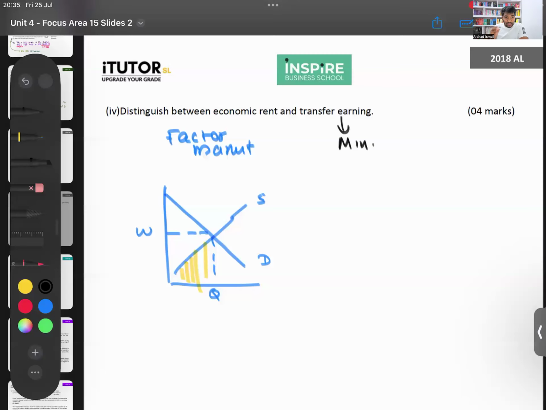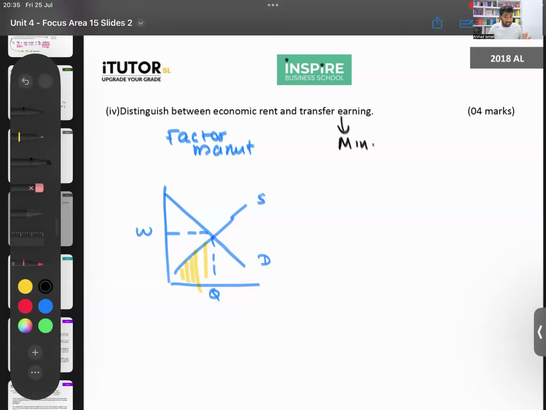So the minimum that you need in order to supply your labor or capital or whatever is what you call transfer earnings. Why did the word transfer come there? Because if you don't even get that minimum, you will transfer your factors into something else. So if I'm going to work, I will say, I minimum want 100 rupees. If I'm not even getting 100 rupees, I will stop working there and I will transfer my labor to something else.